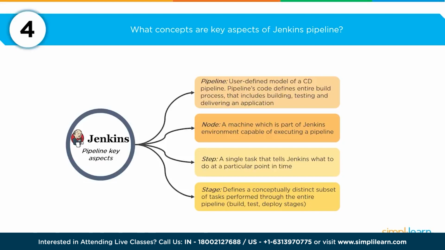Nodes are the machines which are part of that Jenkins environment within the pipeline. A step is a single task that tells Jenkins what to do at that particular point in time. And then finally, a stage defines a conceptually distinct subset of tasks performed through the entire pipeline. And tasks could be build, test, and deploy.